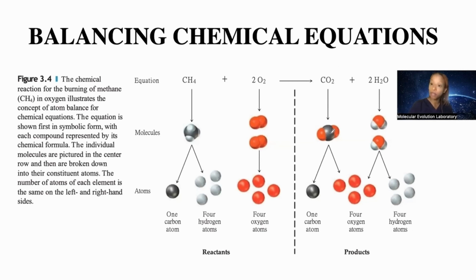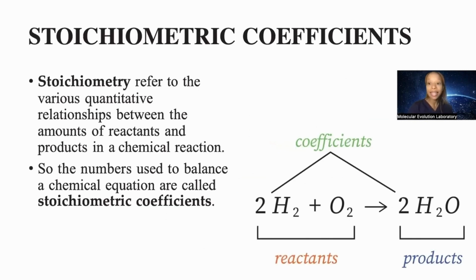But in the end, even though the configuration of the atoms will change to form different compounds, you end up with the same number of atoms, because the law of conservation states that matter cannot be created nor destroyed. So the important thing to understand with balancing equations is the stoichiometric coefficient. Stoichiometry refers to the various quantitative relationships between the amounts of reactants and products in a chemical reaction.